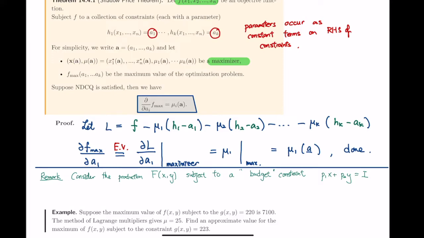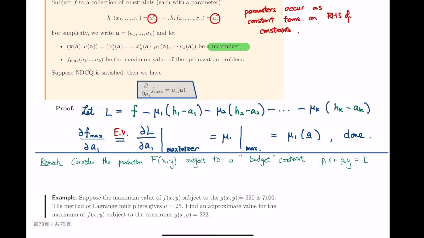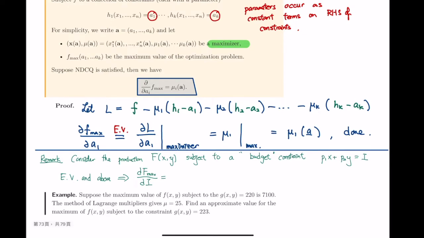But from what we found above, by the envelope theorem, it implies when you differentiate the maximum production with respect to the total budget, then what do you get? You get the Lagrange multiplier. It's exactly the value of the Lagrange multiplier, because I is the constant term of your constraint equation.